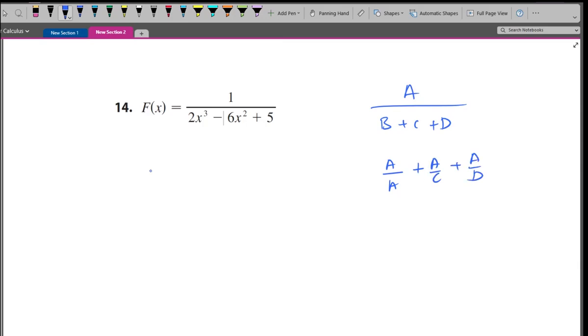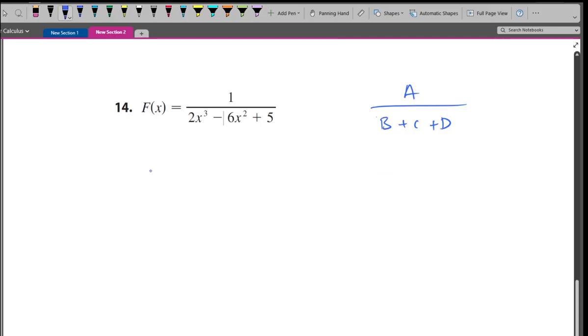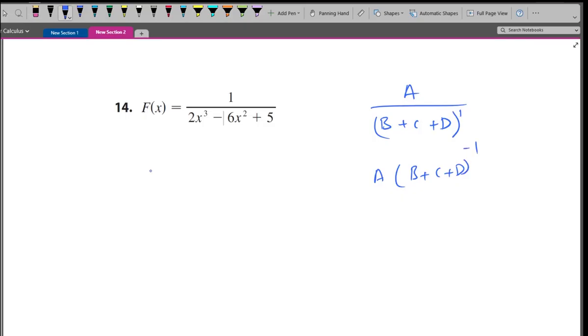We can write it like that. Or the other way is to consider it as a factor and take the whole factor to the numerator. It's going to be b plus c plus d, the whole power of minus 1. This is another way to solve this question.